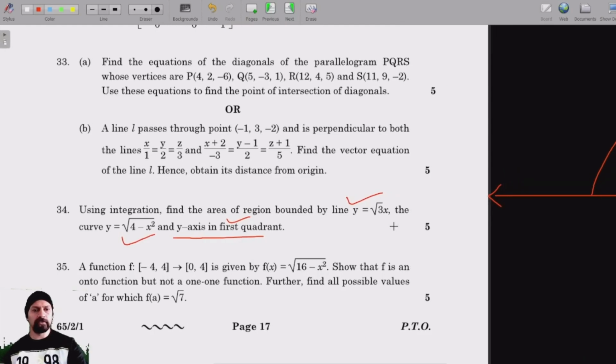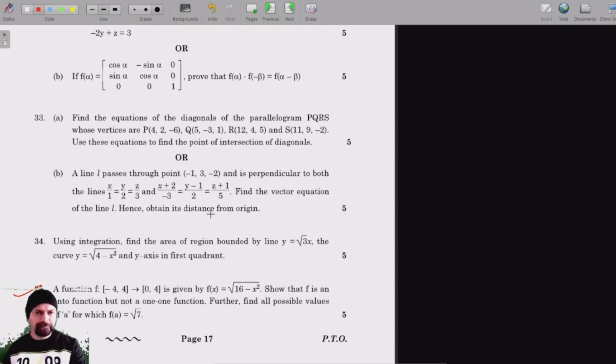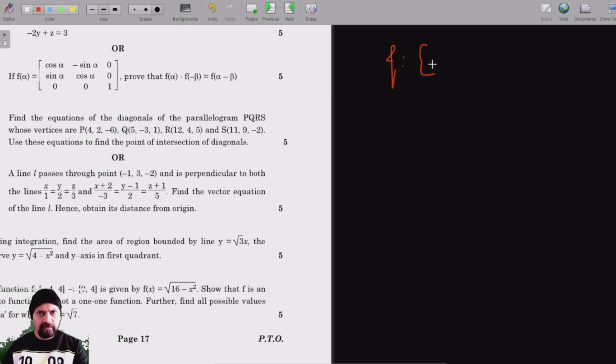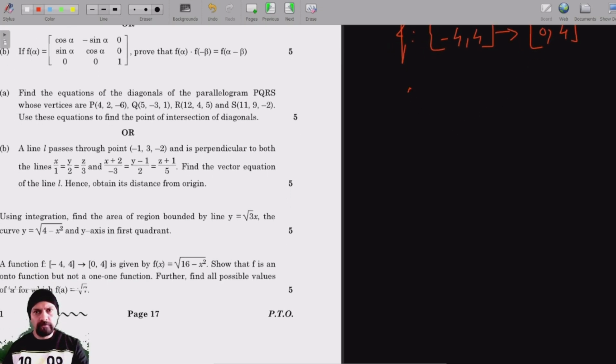Let's move on to question number 35. For question number 35, it's given that the function is defined from minus 4 to 4 to 0 to 4 for the closed intervals.